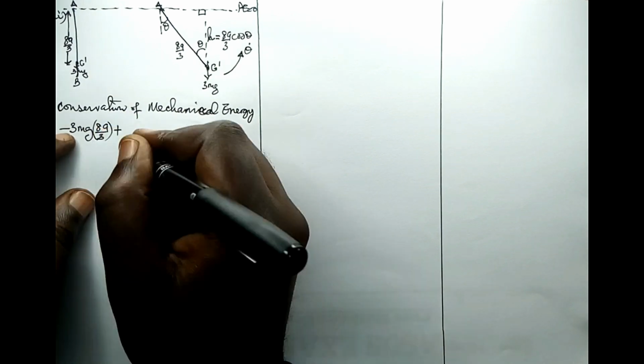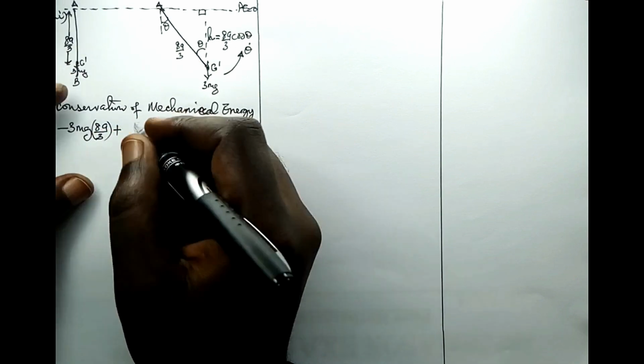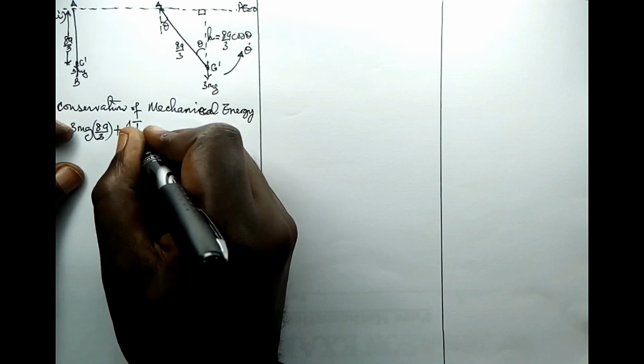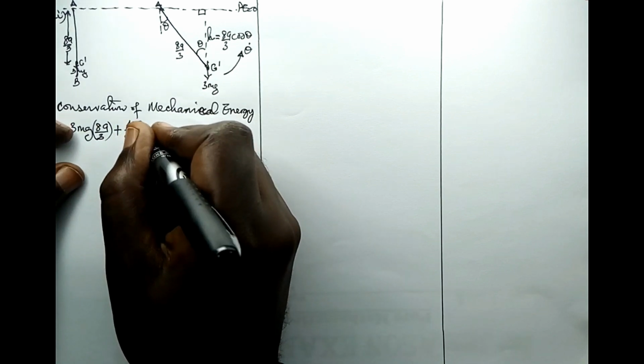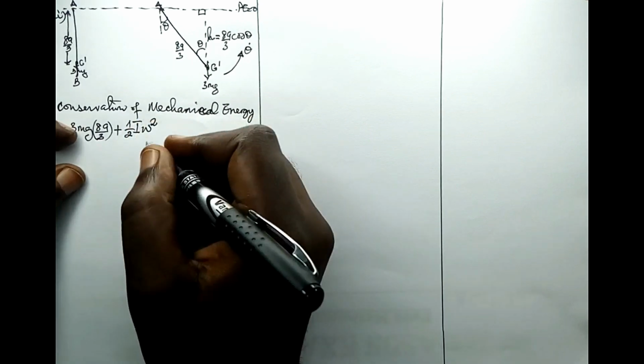We also have the initial kinetic energy, and when a system is rotating, kinetic energy is given by half moment of inertia times the angular speed squared, and the angular speed initially was omega.